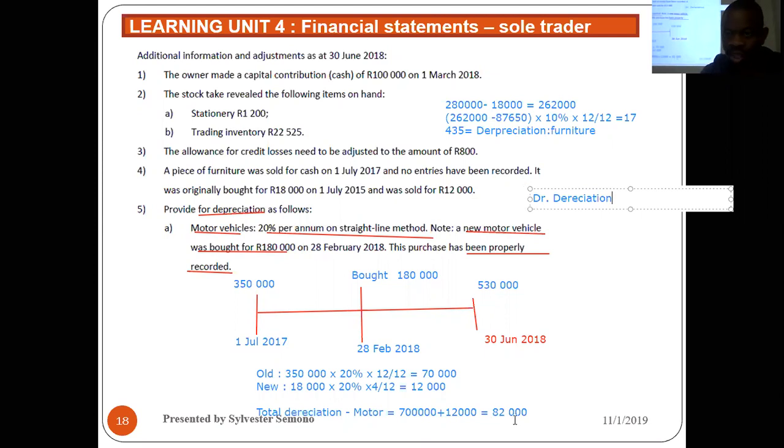We want the 82,000 plus 17,000. So this one is the 82,000. Yeah, but together when we record them, they must be added together. Remember, I'm showing how to record in the GJ. So the depreciation will have the total of them, and we're going to separate them. So if you add, the total is how much?